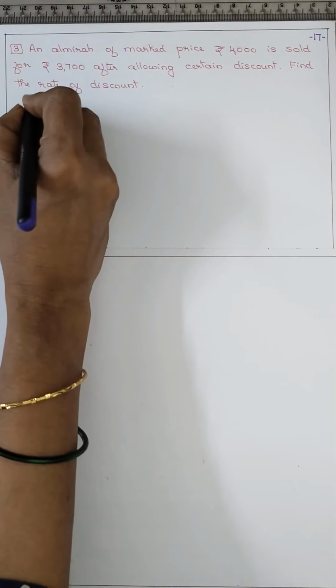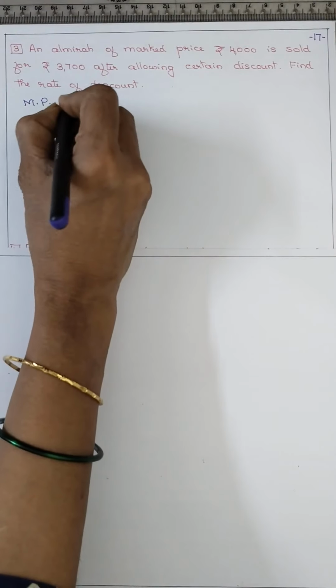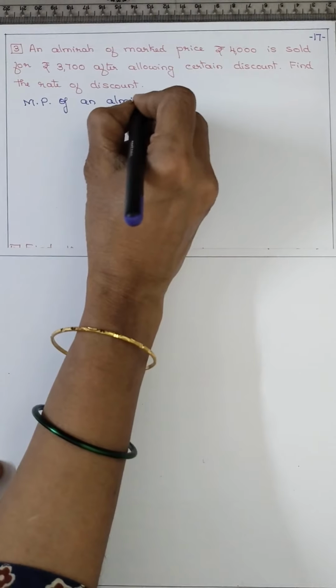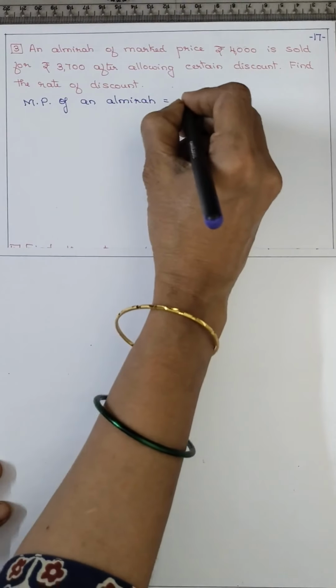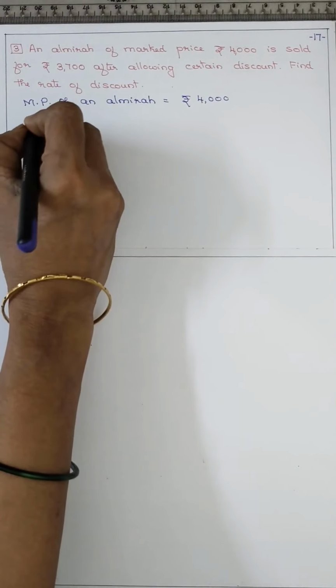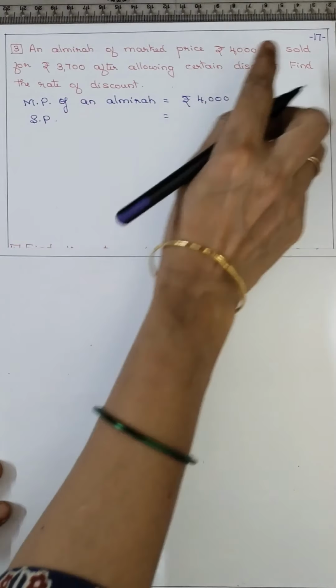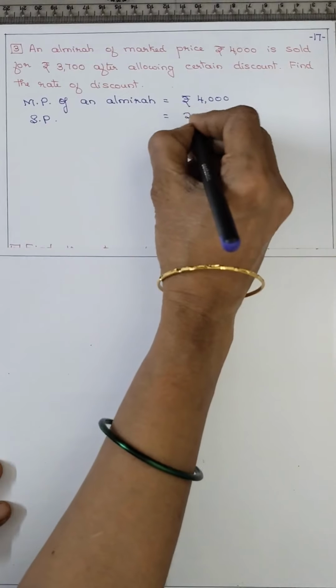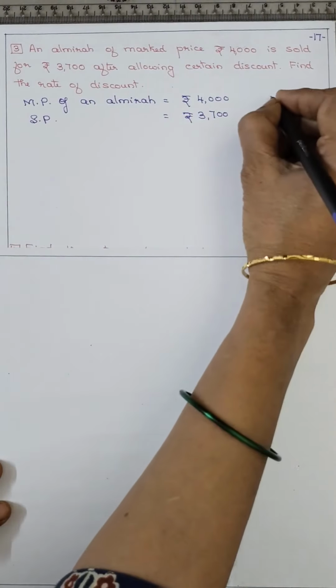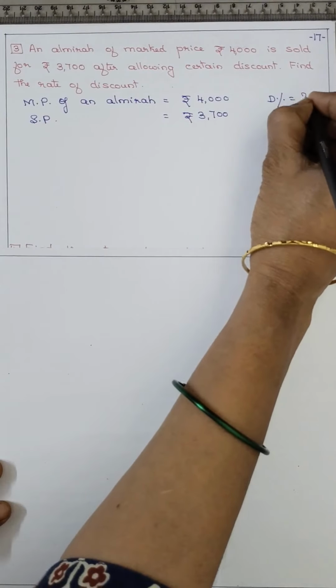So MP of an almirah is equal to rupees 4,000. SP sold means SP is equal to rupees 3,700, and they have asked you to find out the discount percent.